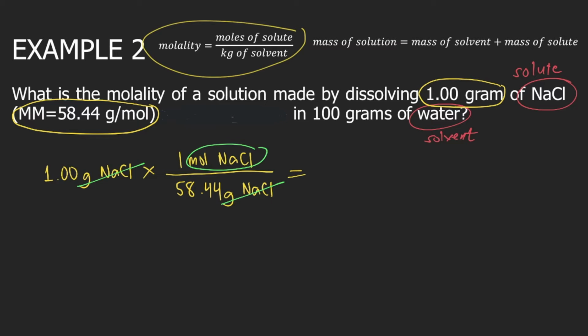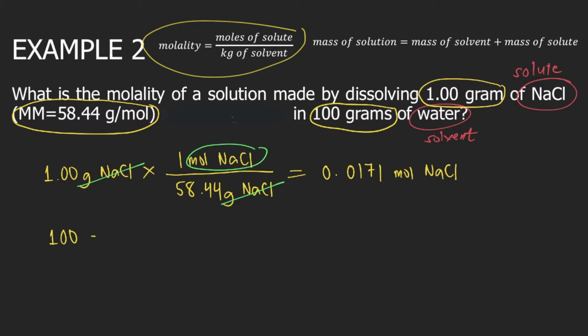And if you solve this in your calculator, 1 times 1 divided by 58.44, this is equal to 0.0171 moles of NaCl. And if you read the problem, we are given 100 grams of water. And the formula for molality needs the kilograms of solvent. So we need to convert 100 grams of water to kilograms of water.